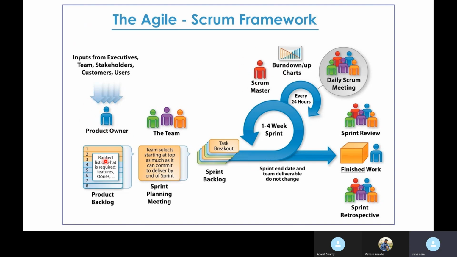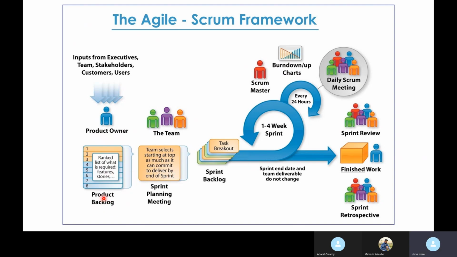Here you can see, this is a team, he is a leader, he is the business owner. He will give the priorities, some list in the business of what is on top priority and has to be implemented first, items required on an urgent or priority basis. This person and the team will prioritize, they will give rank: first what to do, second what to do, third what to do.